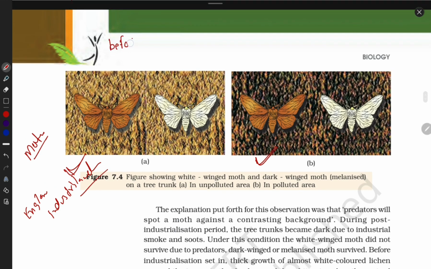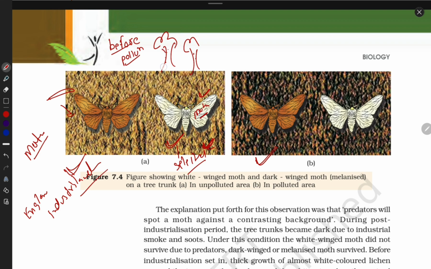Before pollution, the tree stems are whitish in color, like some creamy color. So the white color of the moth can easily hide itself, while hunter birds will come and eat the others.